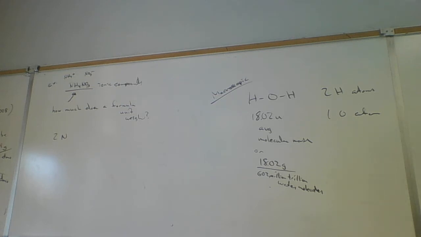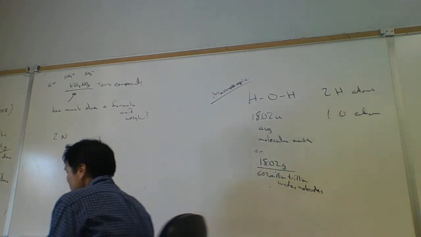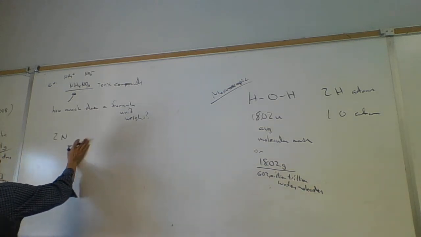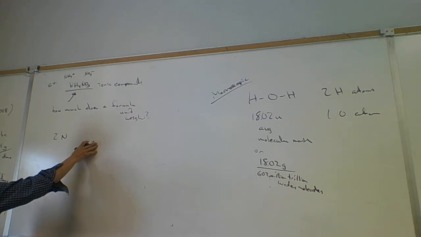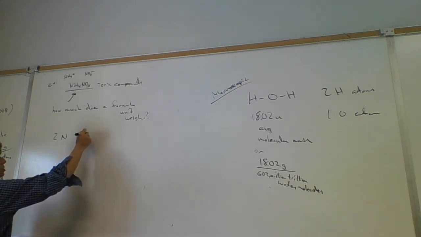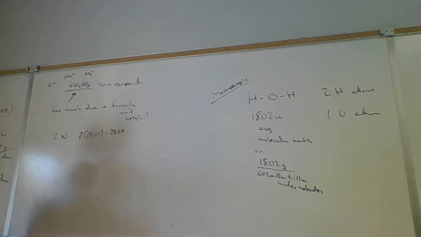And so going back over here, sometimes I'm going to leave off the units, because this number can mean 2 things because of the way the mole is magically defined. And so if I have 2 nitrogens, that's 2 times 14.01, which is going to give me 28.02. 28.02 U for 2 atoms, or 28.02 grams per mole. 2 moles of atoms.